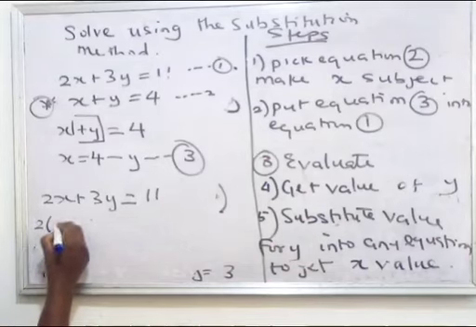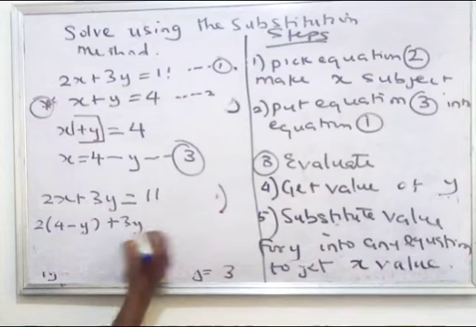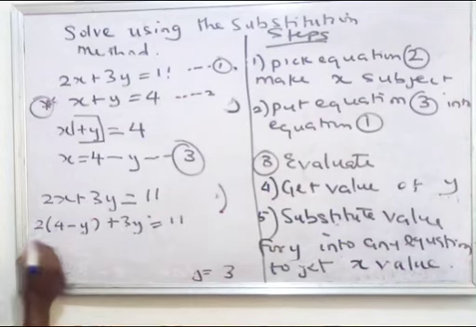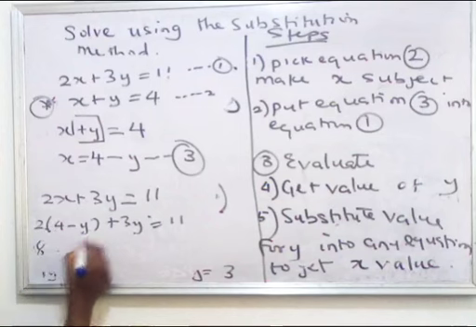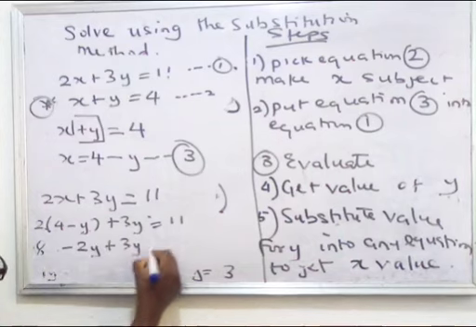2 open bracket, 4 minus y, close bracket, plus 3y is equal to 11. 2 multiplied by 4 gives us 8. 2 multiplied by minus y gives us minus 2y, plus 3y is equal to 11.